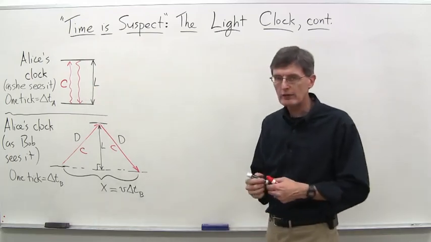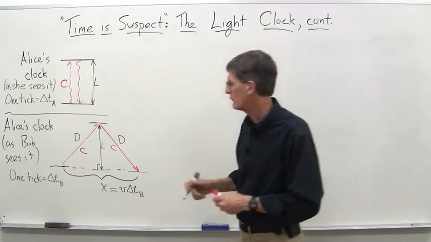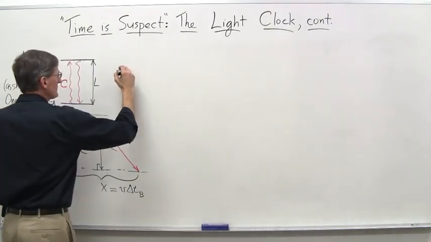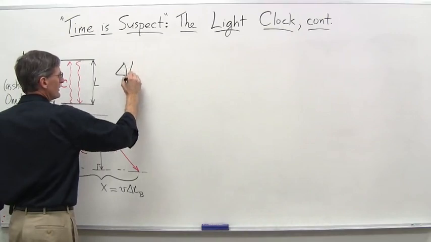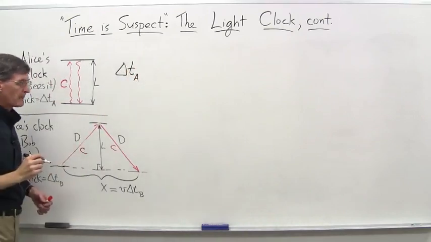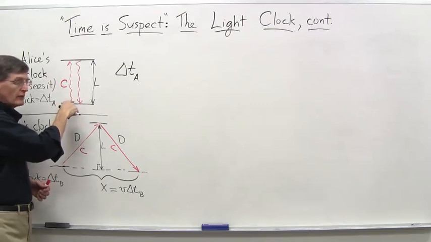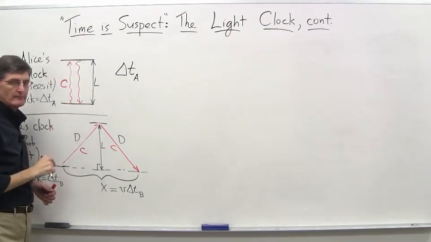In fact, let's write an equation then for delta T sub A. We've got delta T sub A is going to be the travel time up and back down again.